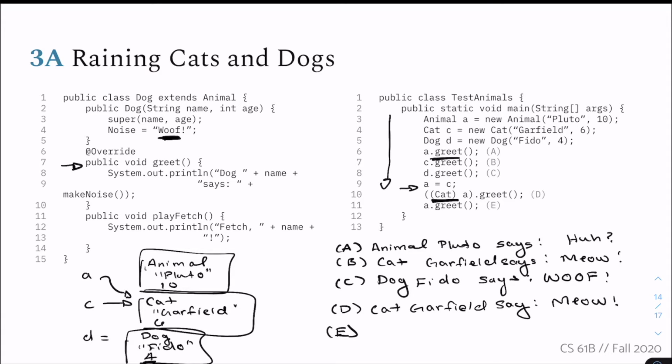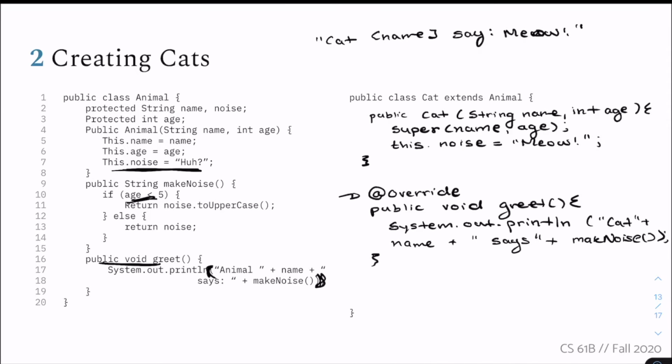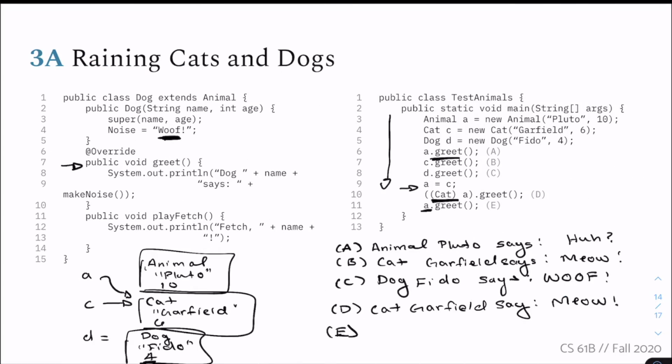So in E, we're not casting A. So let's go through what happens with the computer at compile time and then runtime. At compile time, we see that our computer checks whether or not A has a greet function. And the answer is it does. Great, so we're going to pretend like this is a function we're going to use for now. At runtime, we find out that what's in the box is a cat, not an animal.